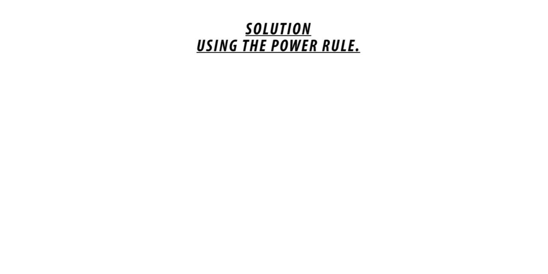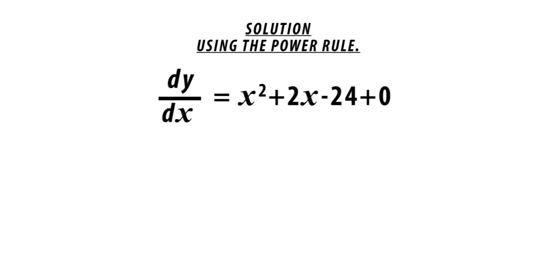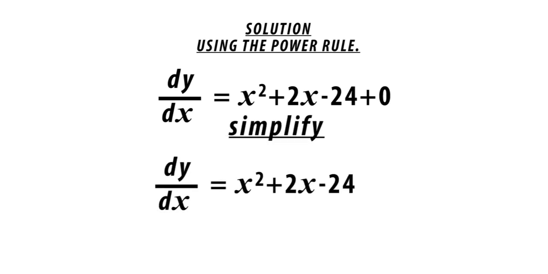We'll differentiate them term by term using the power rule. So we have dy/dx is equal to x squared plus 2x minus 24 plus 0. We'll simplify that to get dy/dx is equal to x squared plus 2x minus 24.